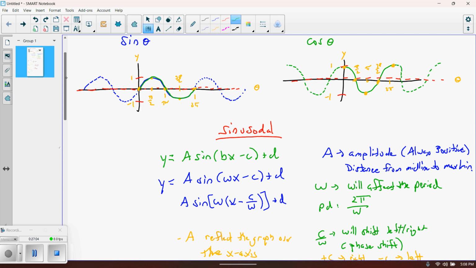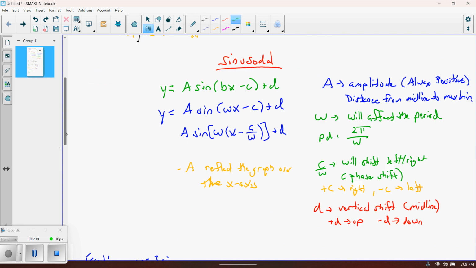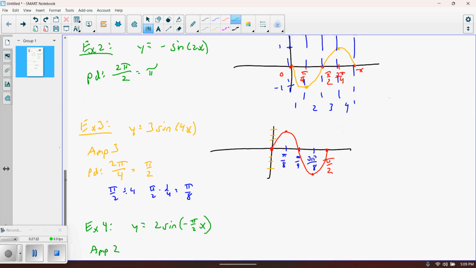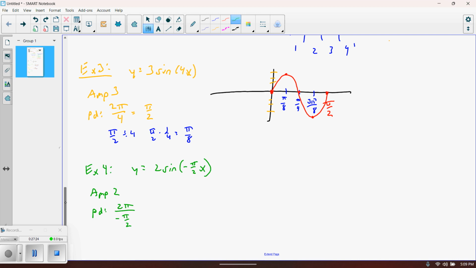And again, by looking at it, cosine, which we haven't really dealt with too much yet, is an even function. It is symmetric to the y-axis, or in other words, if you took the entire thing and folded it over the y-axis, it would lay flat on top of itself. So because sine is an odd function, this goes back to our even and odd stuff, we could actually write this equation as -2 sine of pi halves x.